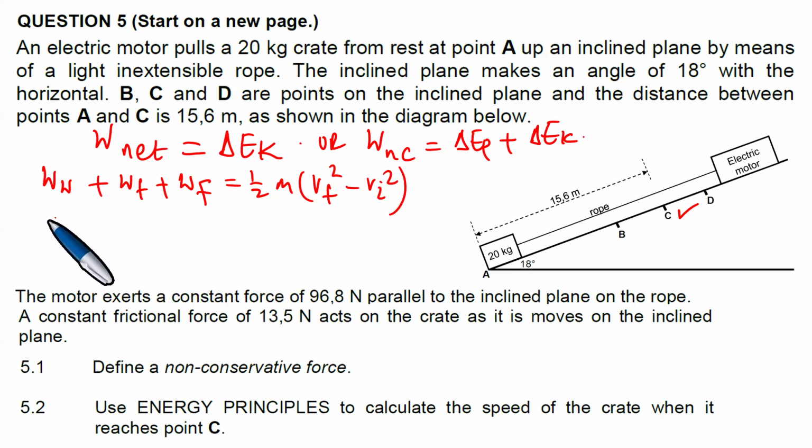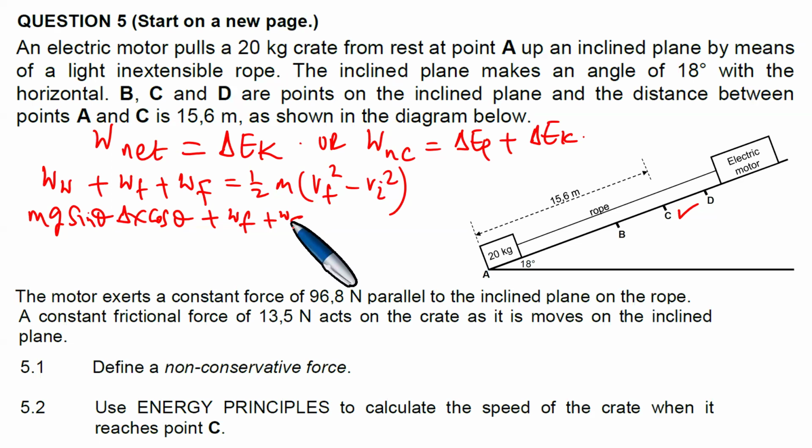So the work done by the weight is mg sine theta delta x cosine theta, plus work done by friction, plus work done by the applied force, equals half m V final squared minus V initial squared.